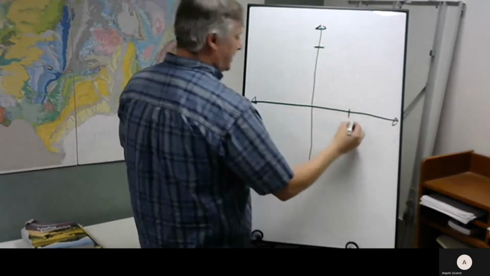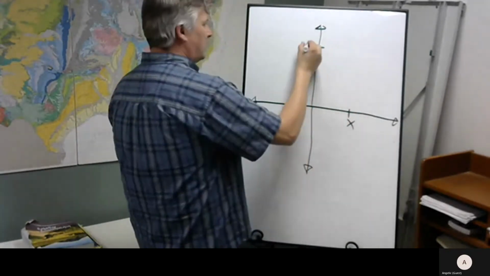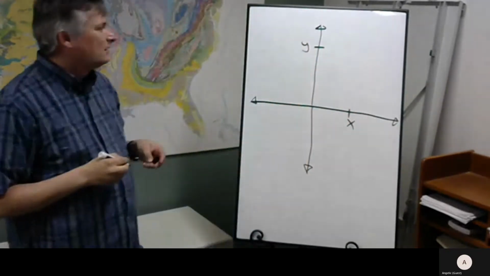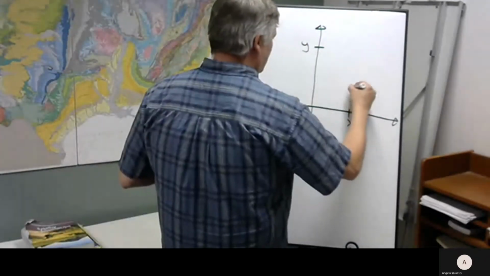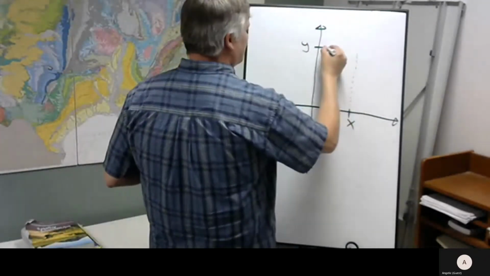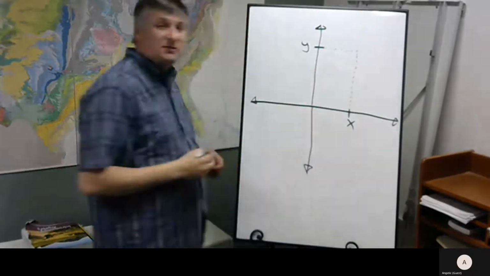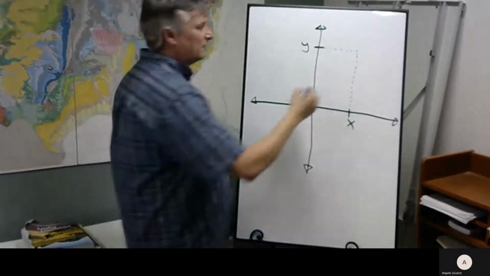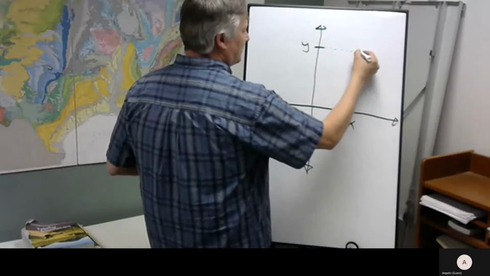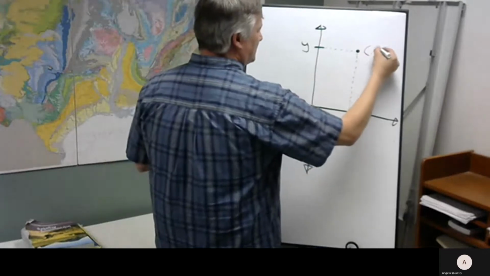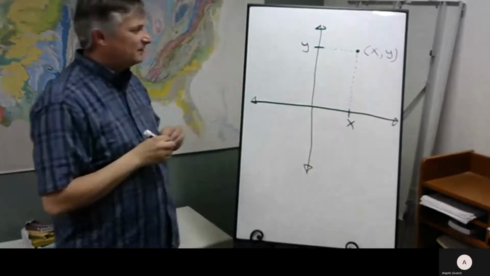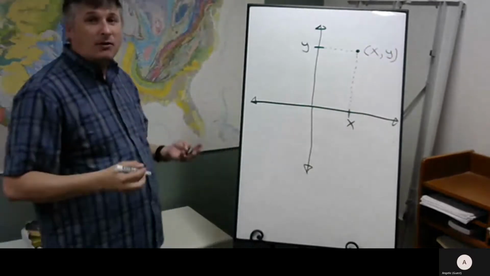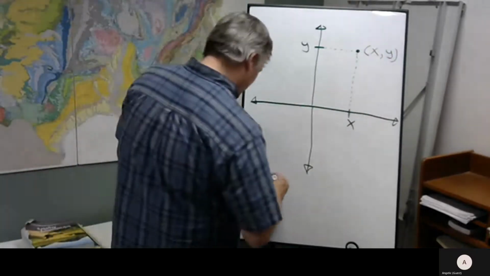And let's say we choose a location on the y-axis. Well then, if we imagine lines coming out from these locations, where they intersect is the point x, comma, y. And so we call that the coordinate pair.